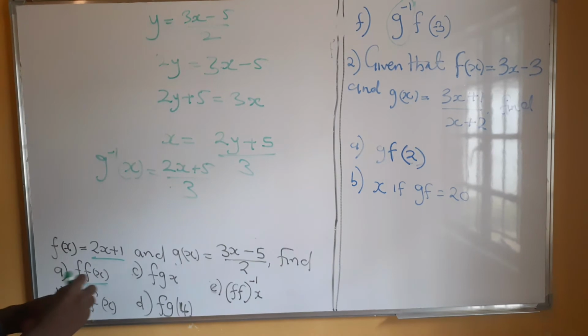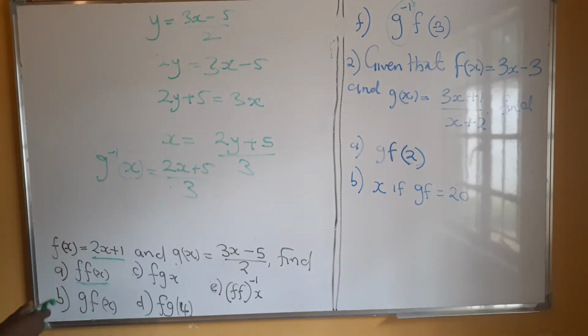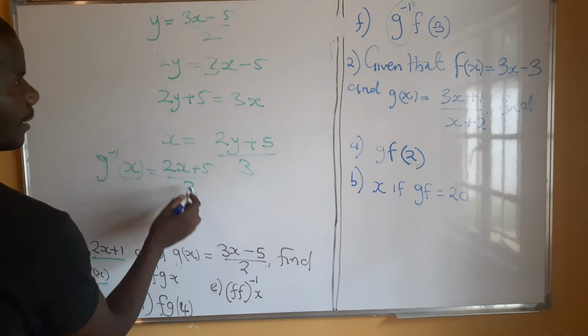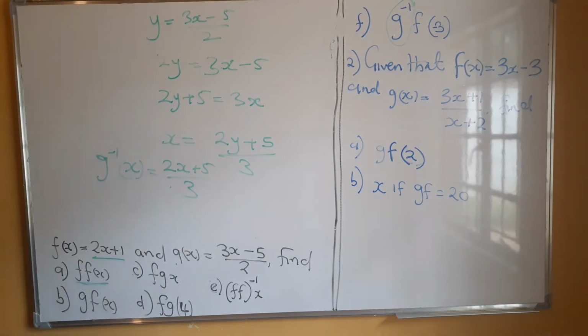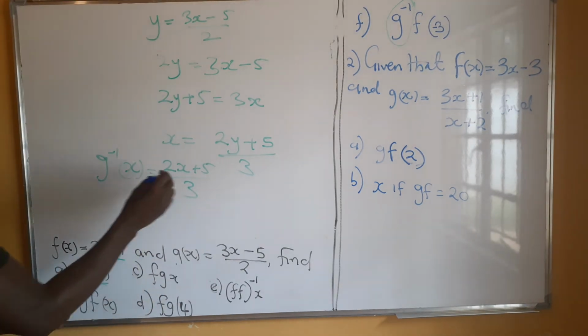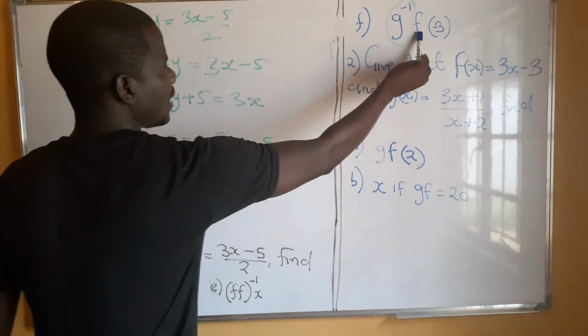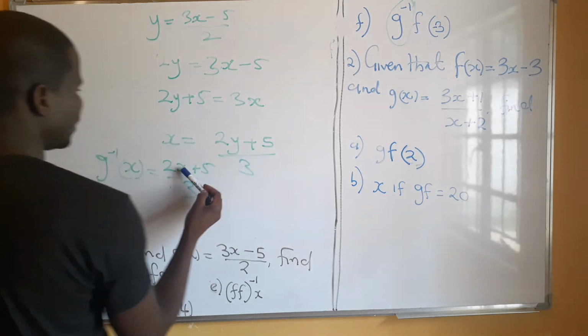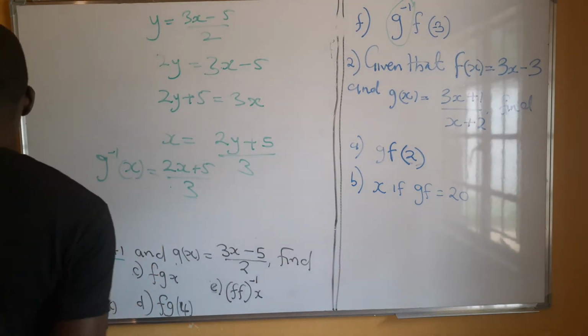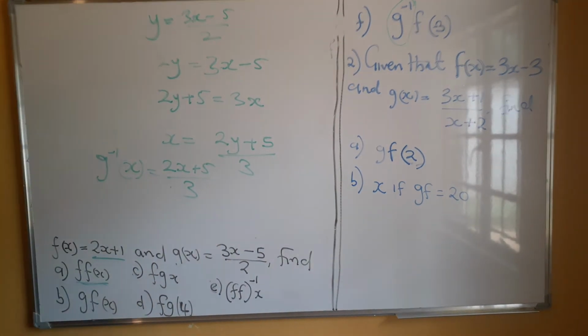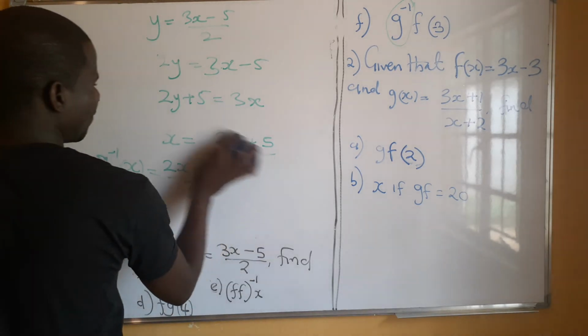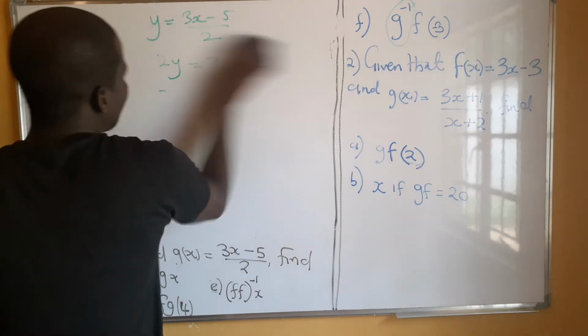Okay? So now, we need to proceed and work out this part. In G inverse, let's bring in this function. Where there is the x, we put the function of what?